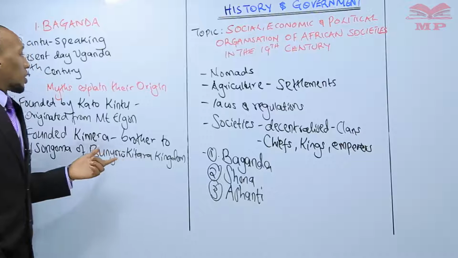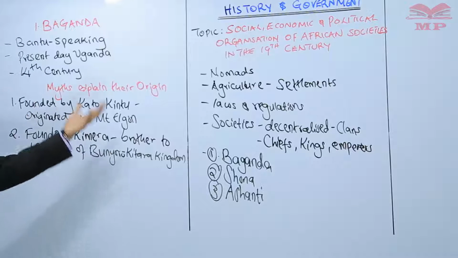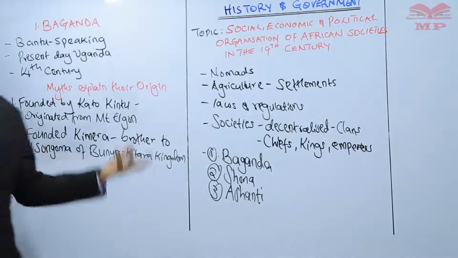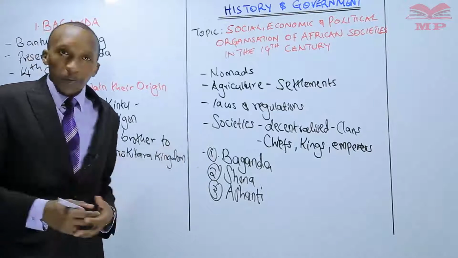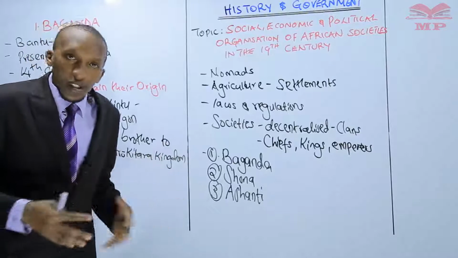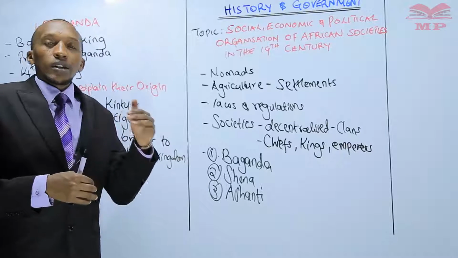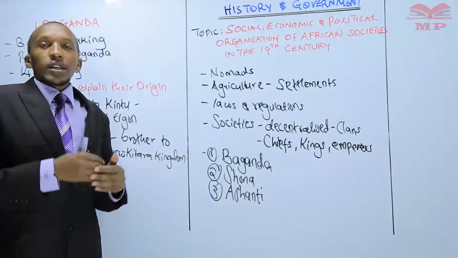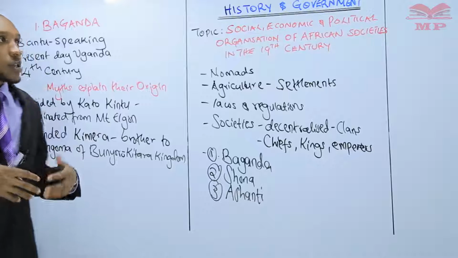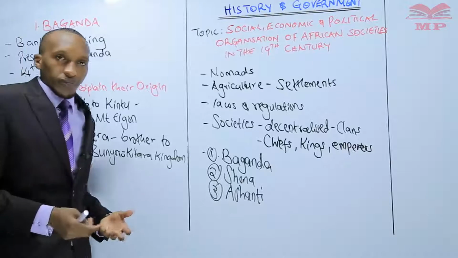Notwithstanding all these myths, the fact of the matter remains that the Buganda Kingdom started to develop. It initially started as a very small state, but with time, its systems grew and developed.